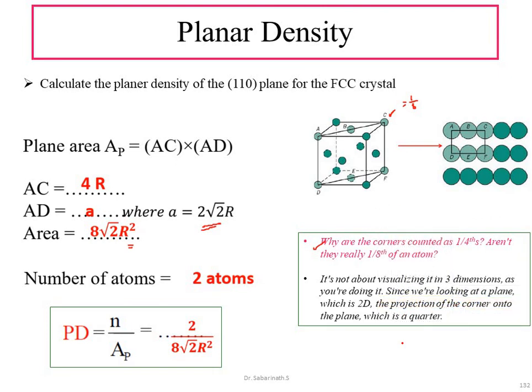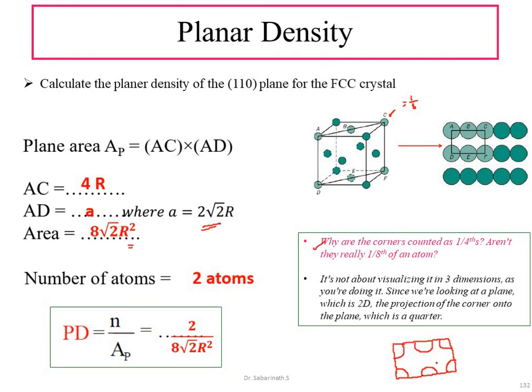Now let us take a plane like this. We want to calculate how many atoms are present here. Here a quarter will be there, another half, another quarter. Here again the same: another quarter, another half, another quarter.